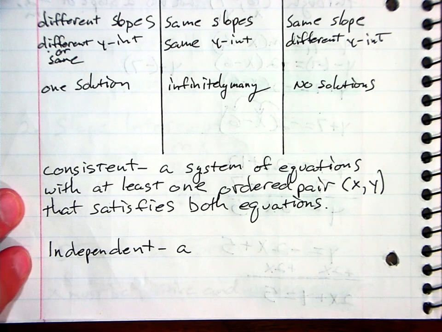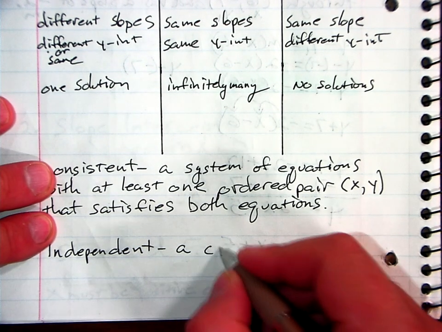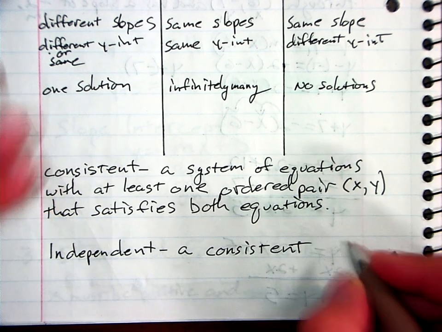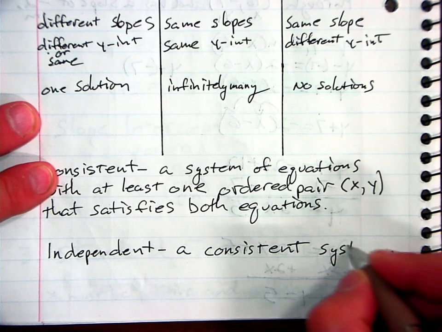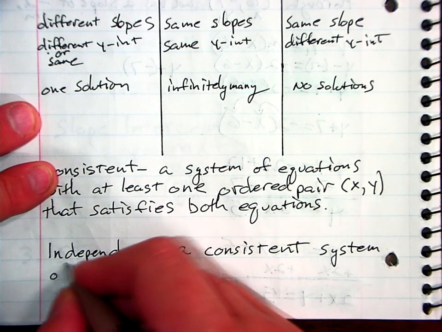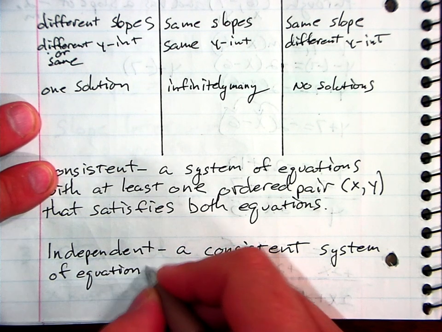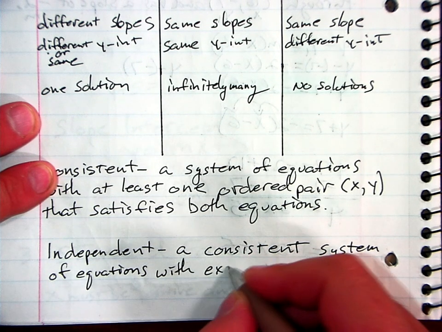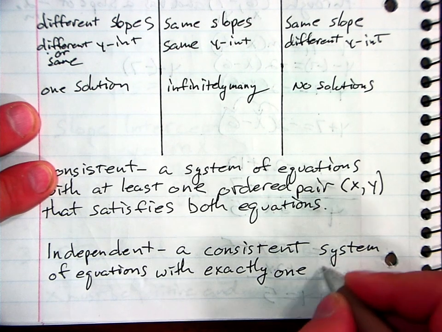So in order to be independent, it must be a consistent system of equations with exactly one solution.